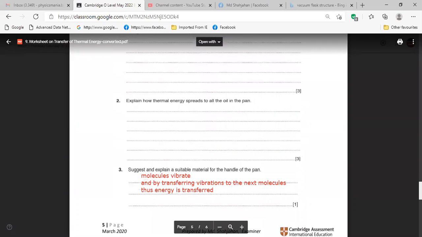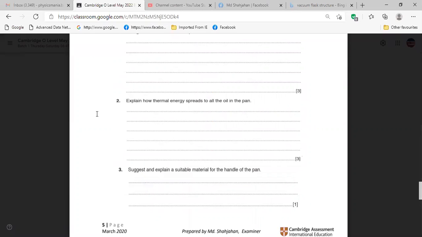Then the second part of this question. Yeah, Monica, you read this part. Part two, please read. Explain how thermal energy spreads to all the oil in the pan.